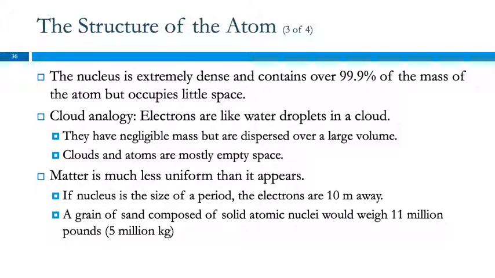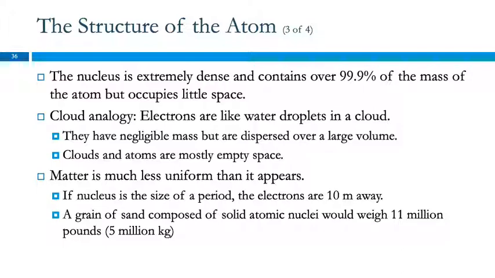So just here are a couple of mind-boggling ideas. If the nucleus was the size of a period, so on your printed page, the size of a period, then the electrons in that atom would be 10 meters away.